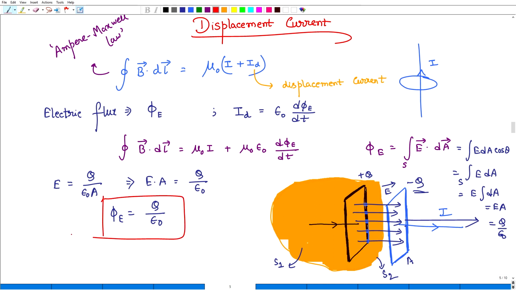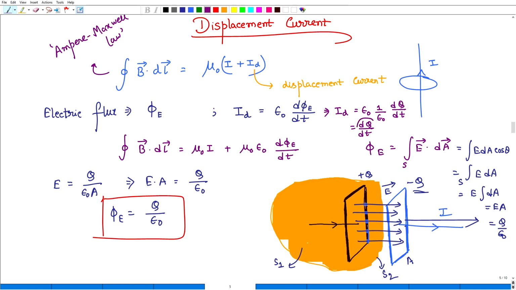This is the electric flux. Now if we input this part here, then we obtain the displacement current I_D, which will be epsilon naught times 1 by epsilon naught dQ dt. So it is actually dQ dt. What does it mean?